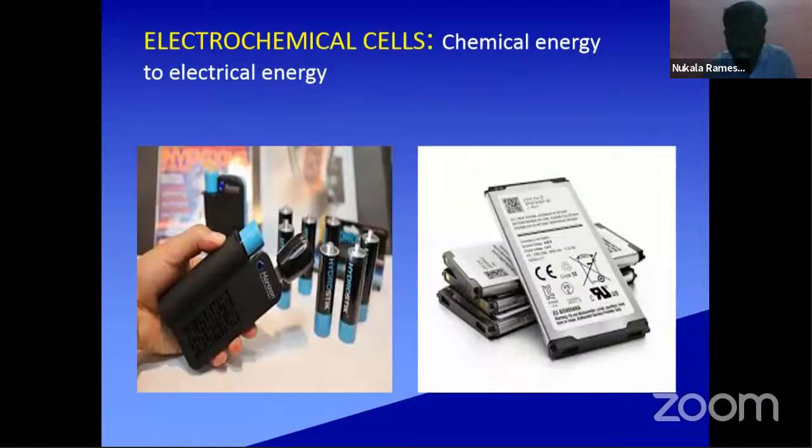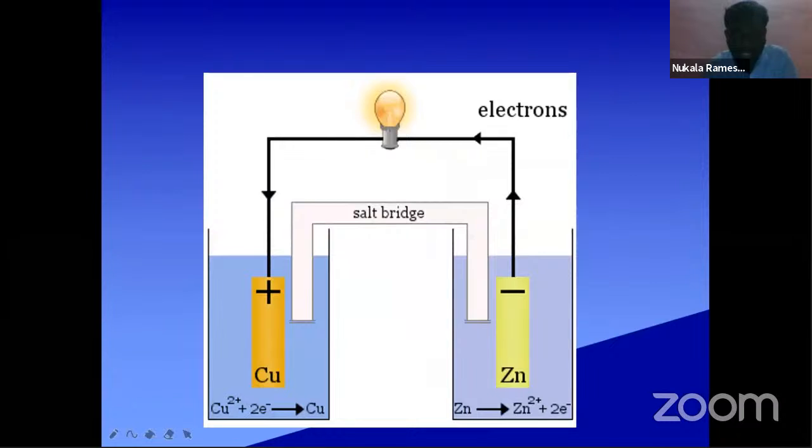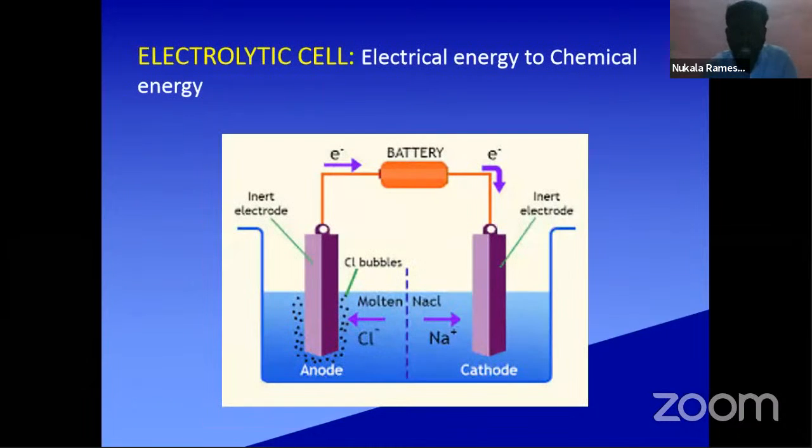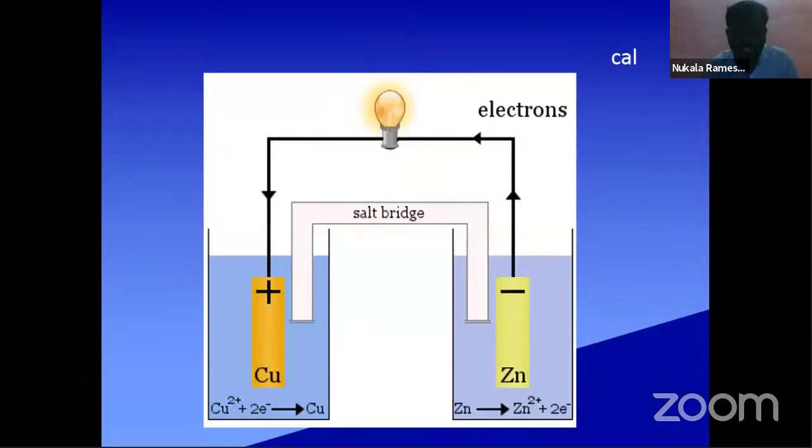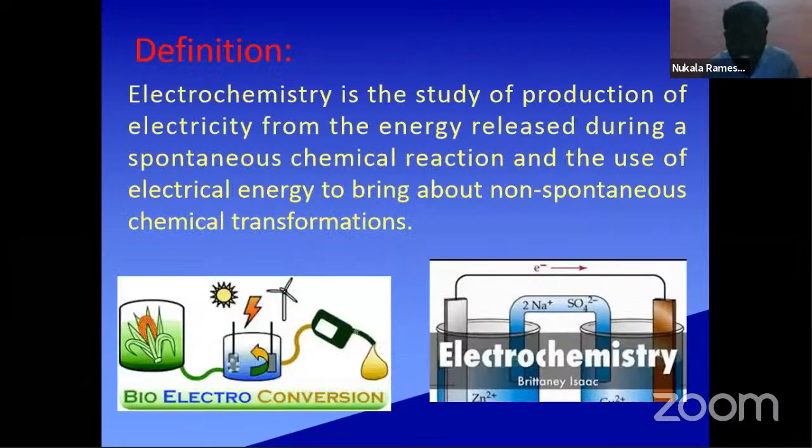These batteries we have discussed, and next this one is also an application of electrochemistry. In the definition, electrochemistry is the interconversion between electrical and chemical energy. First we will discuss chemical energy converting into electrical energy.